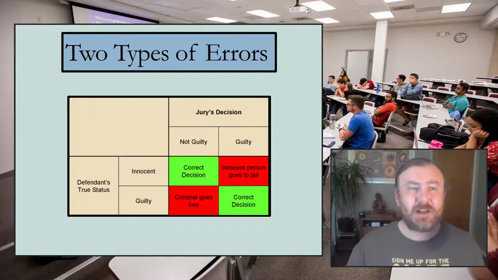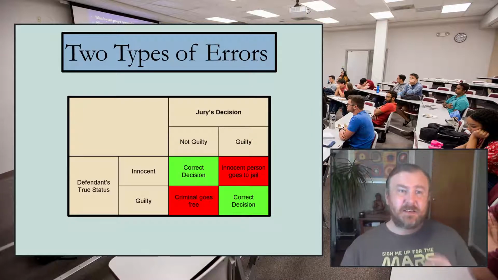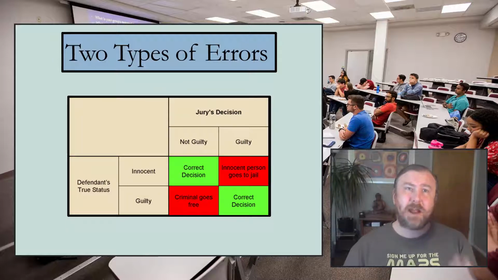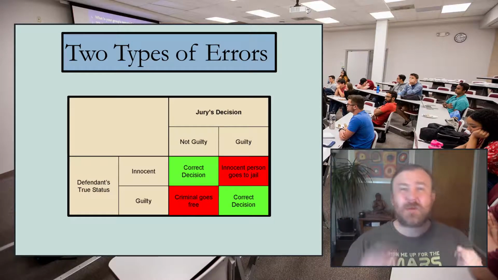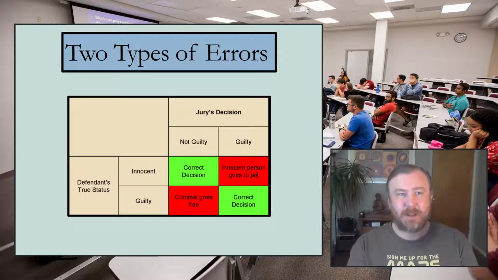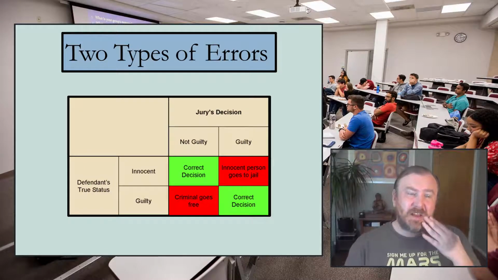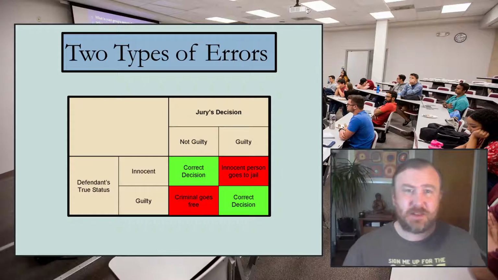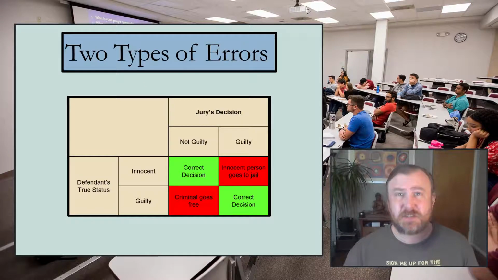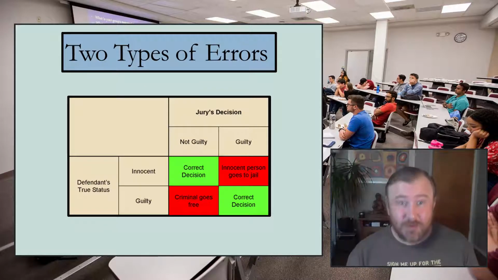So the important thing to understand here is that what we're comparing is the result of our claim with reality, what's really happening. So here you can see on the left, we've got the defendant's true status, whether they actually in reality are innocent or guilty.